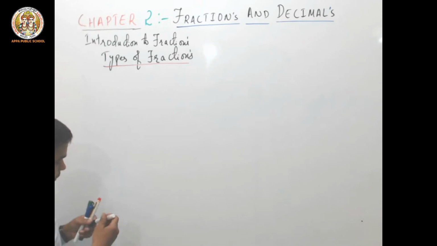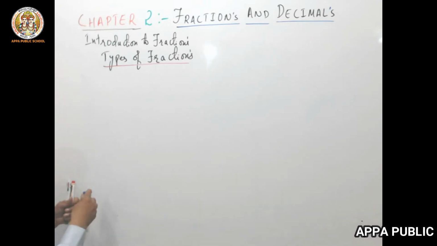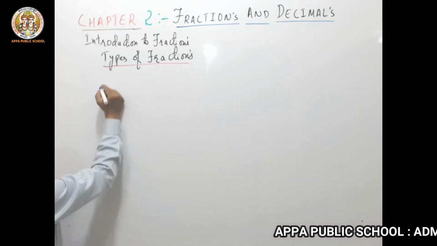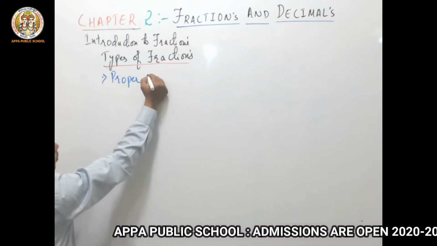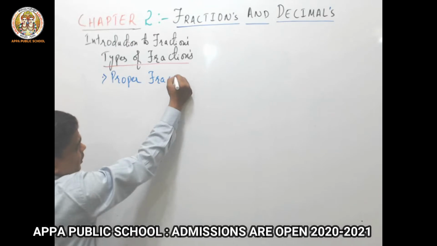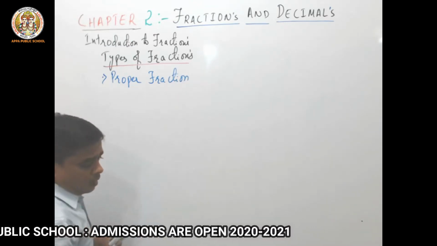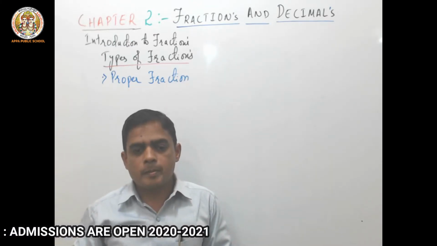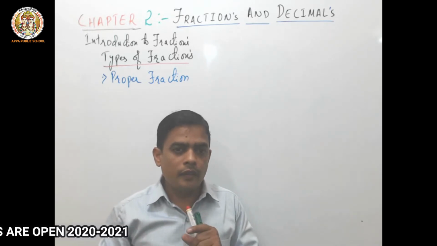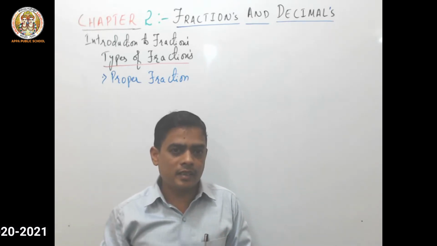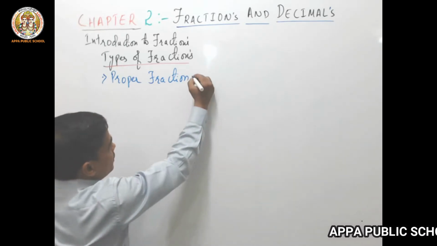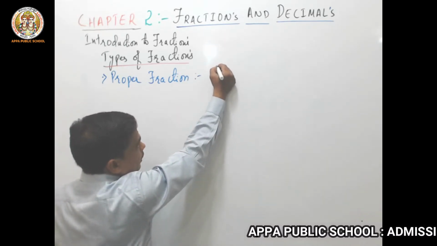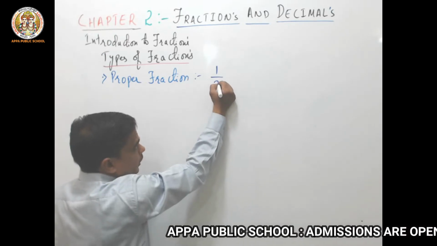The first one is proper fraction. What do you mean by proper fraction? A proper fraction is one in which the numerator is less than the denominator. A proper fraction is one having a numerator less than the denominator.